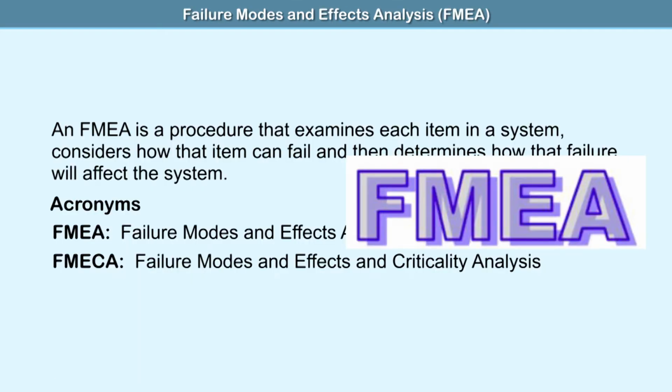Next quality management system tool is, what is an FMEA? It is a procedure that examines each item in a system, considers how that item can fail, and then determines how that failure will affect the system.